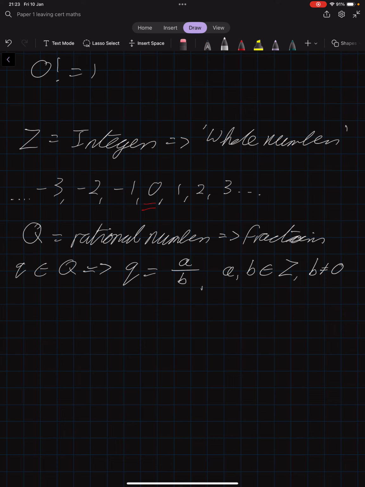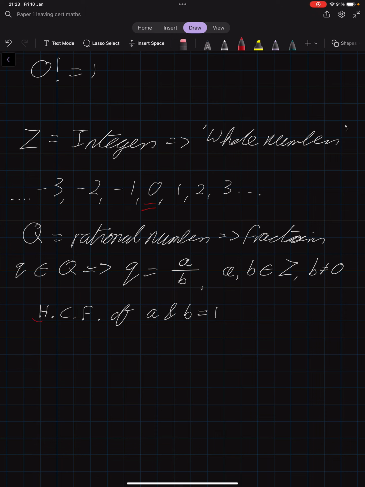And also you have that the highest common factor of a and b equals 1.